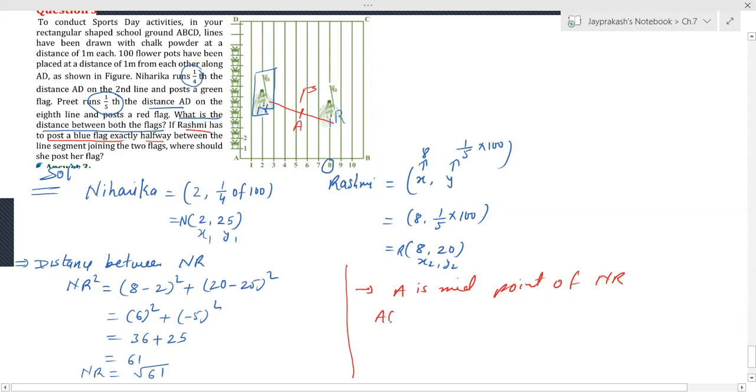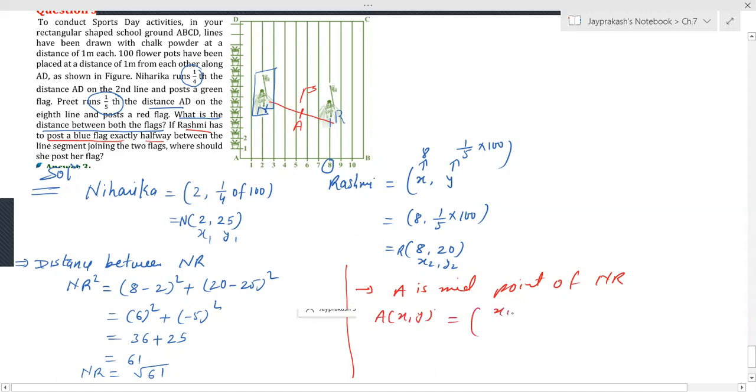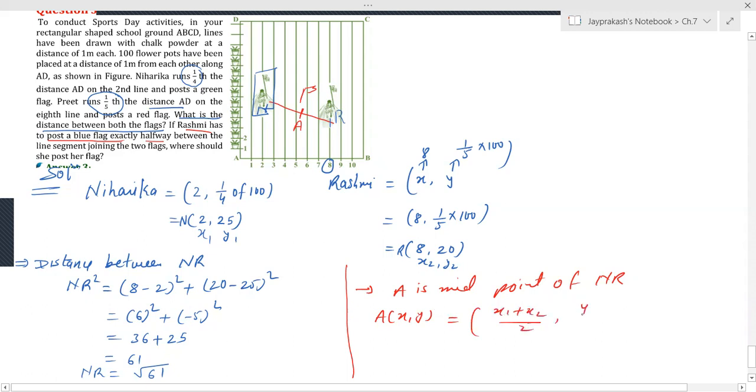So by the section formula, we have x comma y is equals to x1 plus x2 by 2 comma y1 plus y2 by 2.